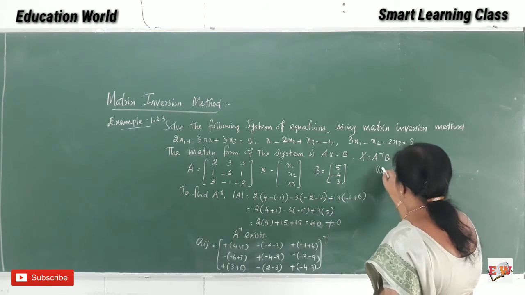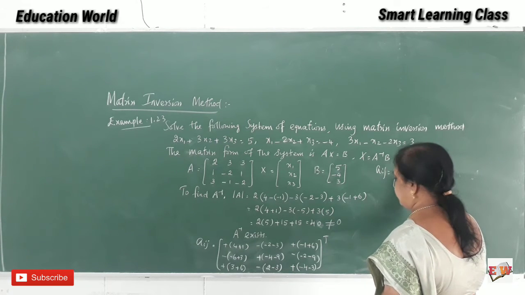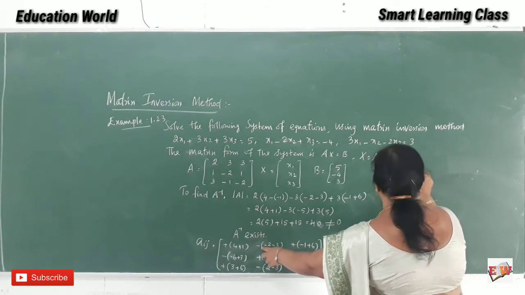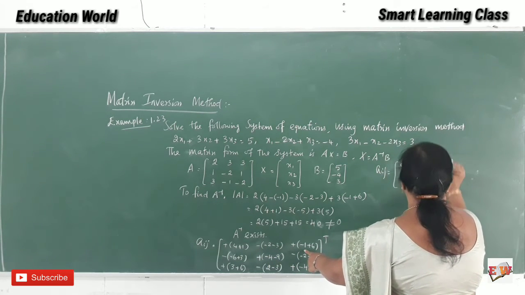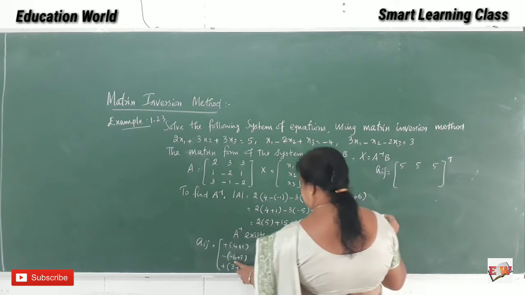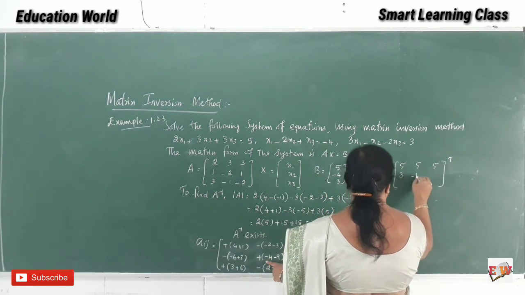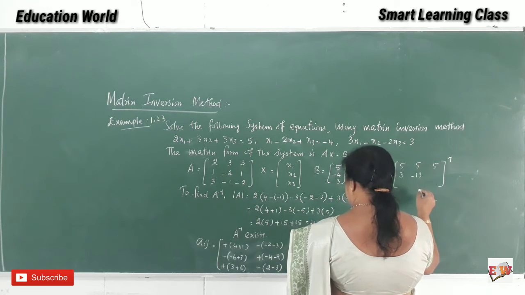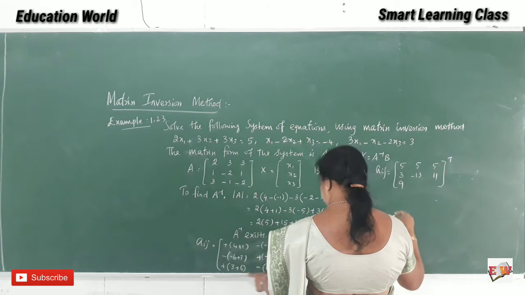Transpose. You just do the simplification. 5, minus 5 into minus is plus 5. Here minus 3 into minus is plus 3. Here minus 13. Minus 11 into 11 minus plus 9.